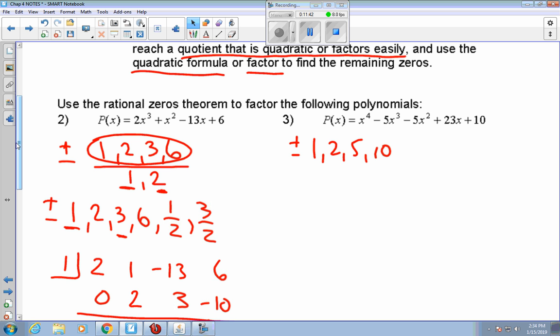Don't forget plus minus 1, 2, 5, 10. That's it. It's all over 1, so if you want to show it, that's fine, and then you expand it, that's fine. Find one root. Start with 2. Don't check 1.